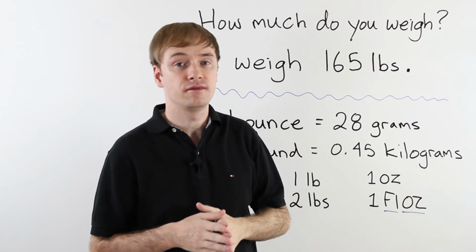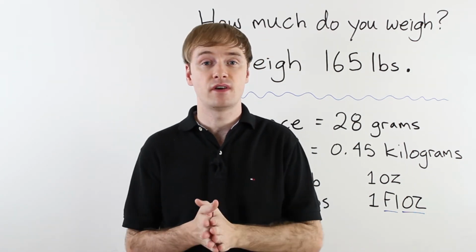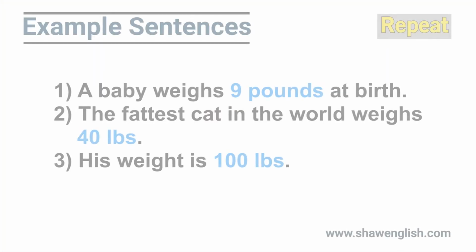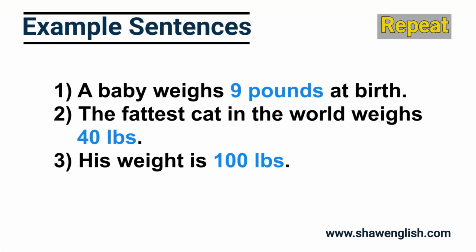Let's take a look at a few more examples of how to express weight in the imperial system. The first example: a baby weighs 9 pounds at birth.